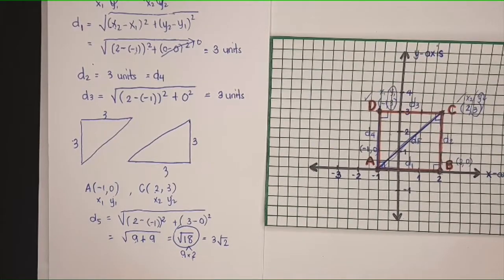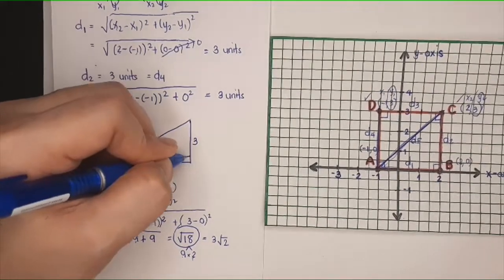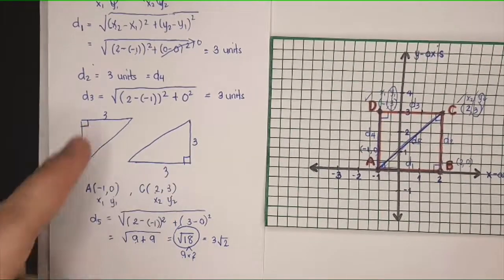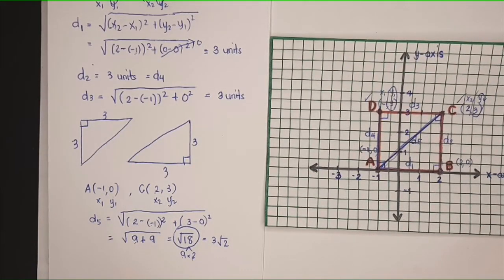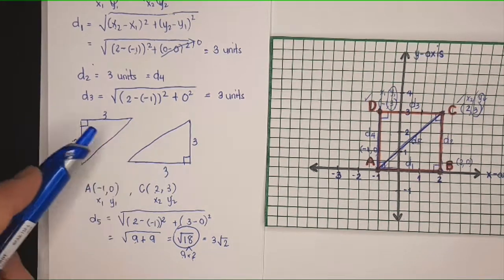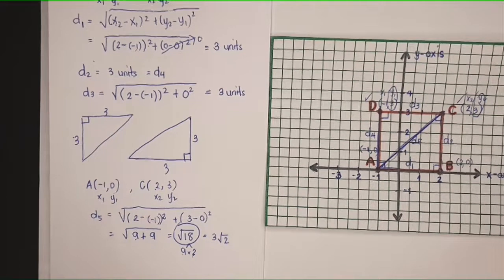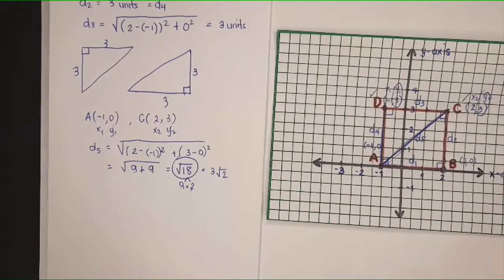Again, ipoprove natin na ito ay 90-degree angles, itong mga to. Paano natin ipoprove yun? Kasi, para masabi ninyo na this one ay right triangles, dapat sinasatisfy nila ang Pythagorean theorem. Do you still recall the Pythagorean theorem?